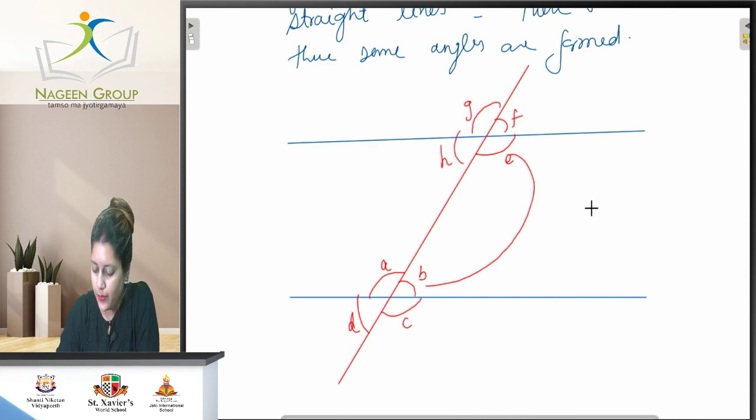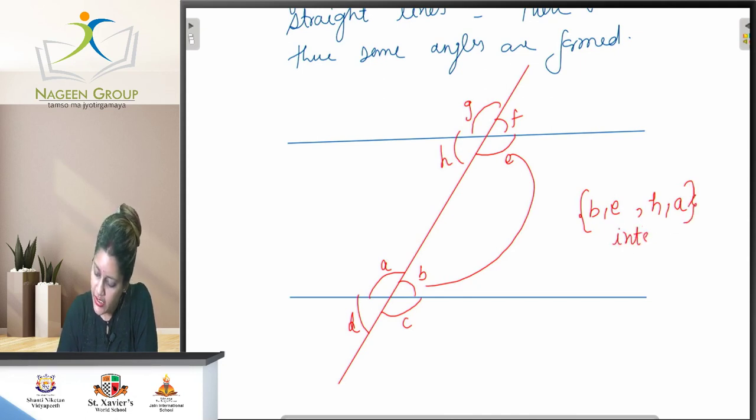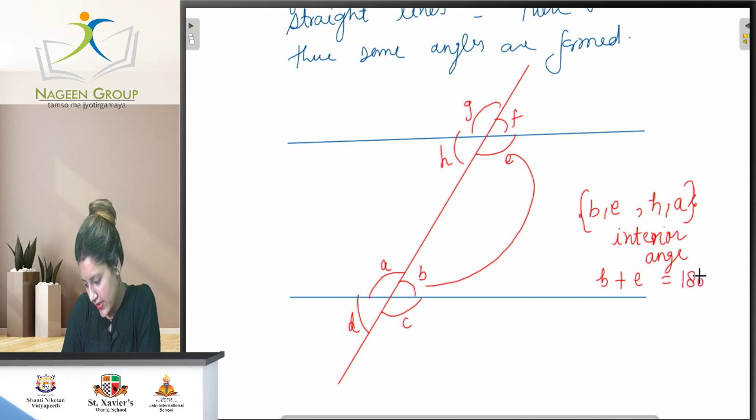Here B, E, H and A are known as interior angles, where B plus E is equal to 180 degrees. In the same manner, A plus H is also 180 degrees.